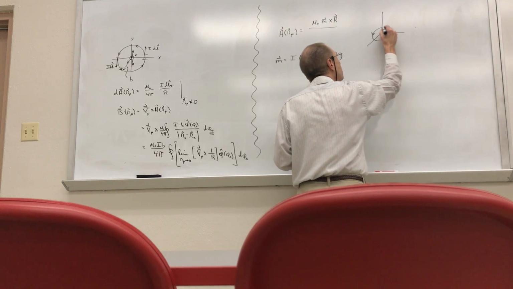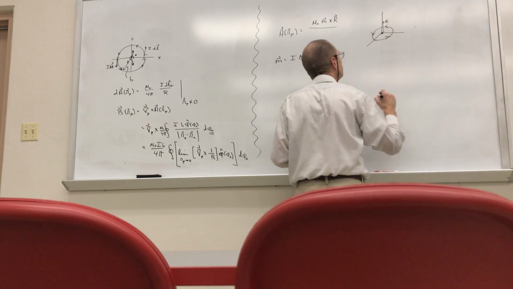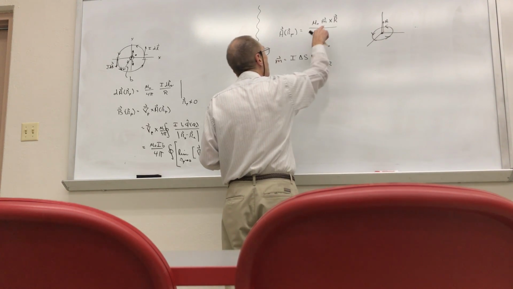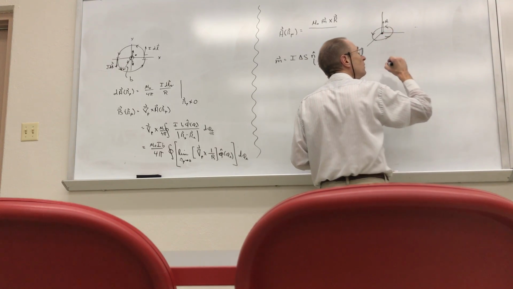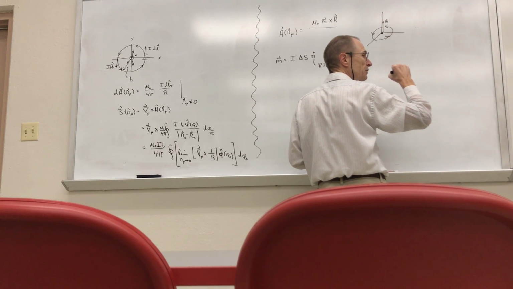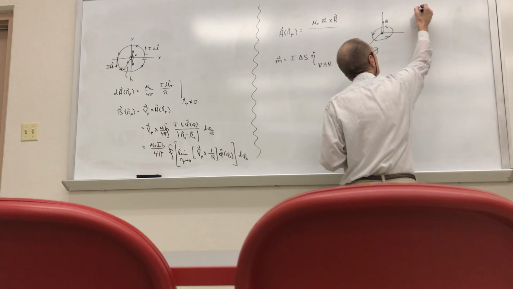In our case, the dipole moment will be pointing upwards. Our relative position vector is the relative position, or the central position of our current source, and it points to our point of observation, P.